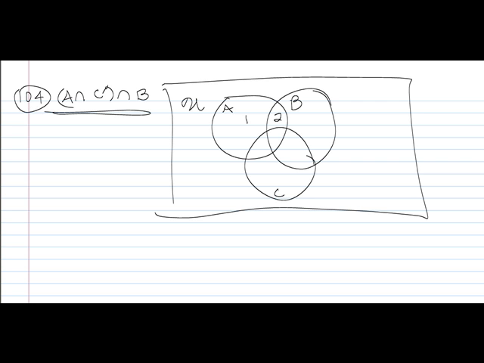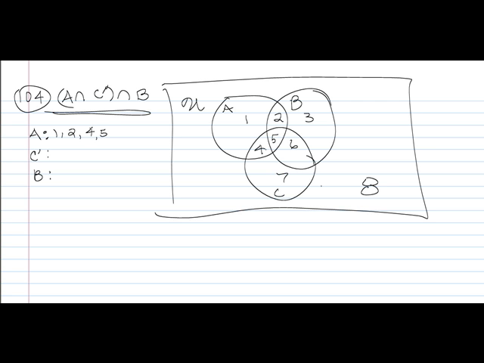So just like I did with the 2 sets, I'm going to number the regions, except this time, because of 3 sets, I actually have 8 regions. So again, I'm going to go through and list the regions in A, C complement, and B. Alright, so A contains 1, 2, 4, and 5.